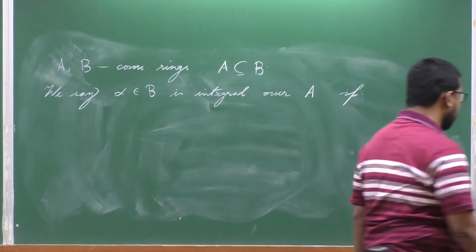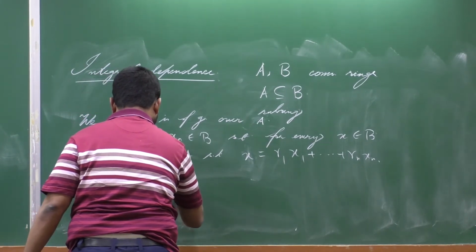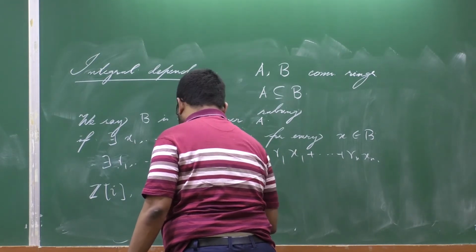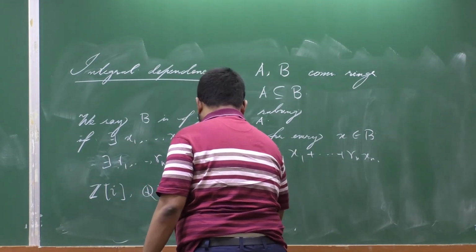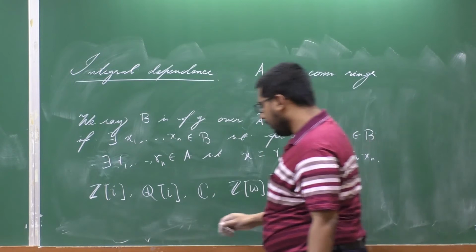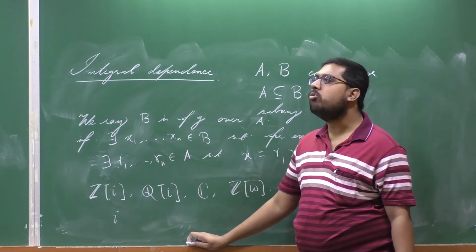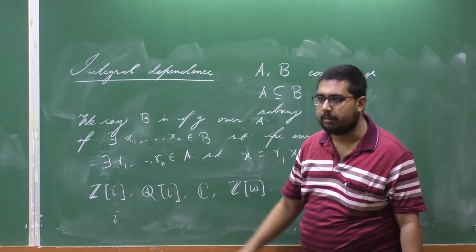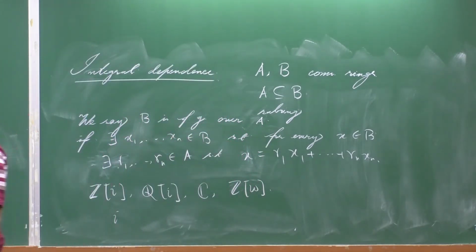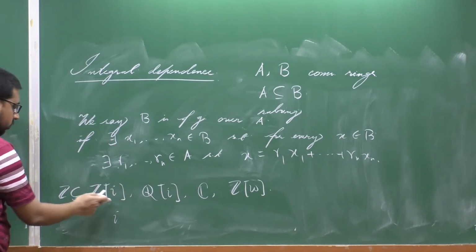Recall that we are already familiar with these rings: Z[i], let us say, and also C, or of course Z[omega]. In this example, if you take i from here, i is the root of a monic polynomial with integer coefficients, namely x squared plus 1. So there is a monic polynomial over Z whose root is i.